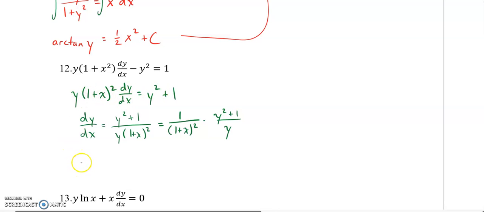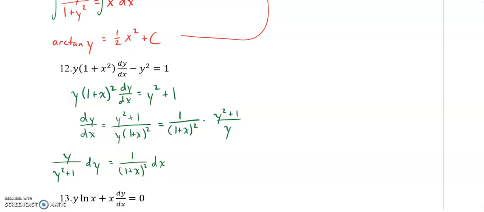That doesn't really matter. But we'll go ahead and divide by that y fraction and get y over y squared plus 1 times dy. We'll multiply by dx and get 1 over quantity 1 plus x, that quantity squared, times dx. And you know that it's great. We're going to integrate.